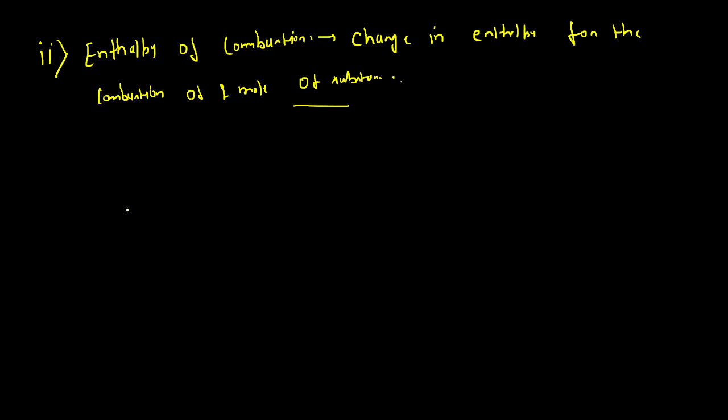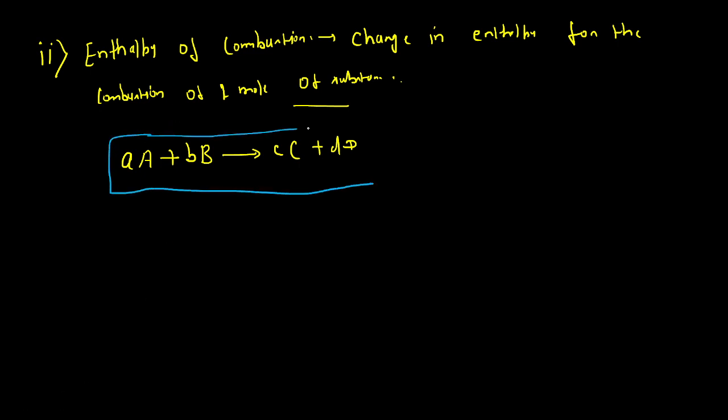Let's try to understand with the help of one example. Suppose a reaction is aA plus bB getting converted into cC plus dD, where A and B are reactants, C and D are products, and a, b, c, d are the respective stoichiometric coefficients of the reactants and products, right?